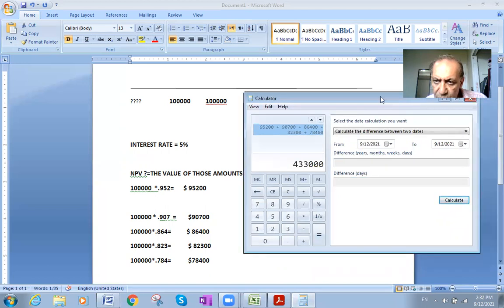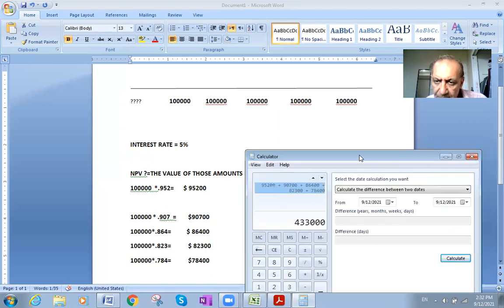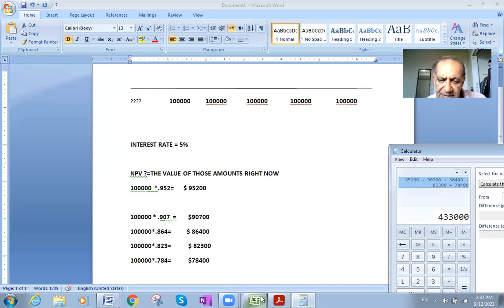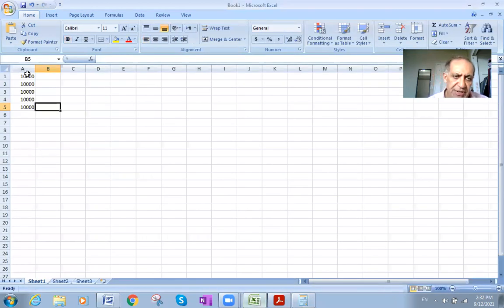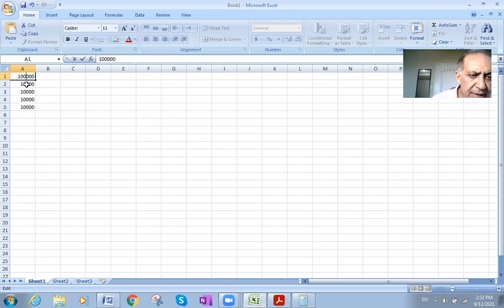Then now we'll calculate this using spreadsheets. We have 100,000. Let's add 10 here. So it will be 100,000, then here also 100,000, then here also 100,000, and again 100,000.